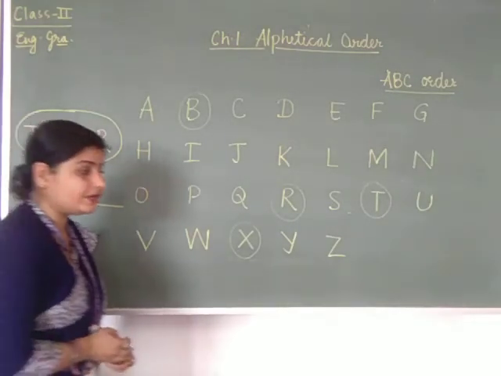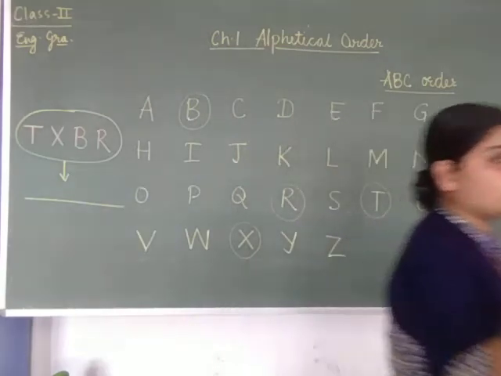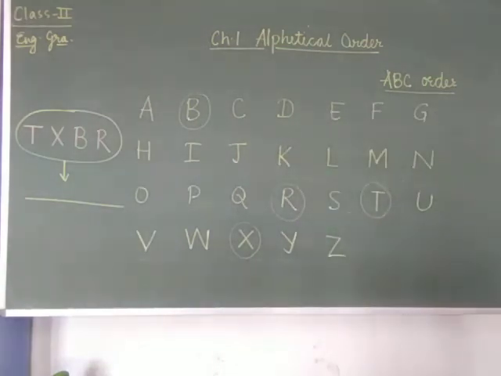So what would be the sequence in an alphabetical order? The sequence of alphabetical order says that जो ABCD में पहले आता है वही पहले लिखा जाएगा. तो आपने देखा अभी मैंने B को circle किया, T को किया, R को किया और X को circle किया. Now according to the alphabetical order, इसमें सबसे पहले कौन सा letter आएगा?